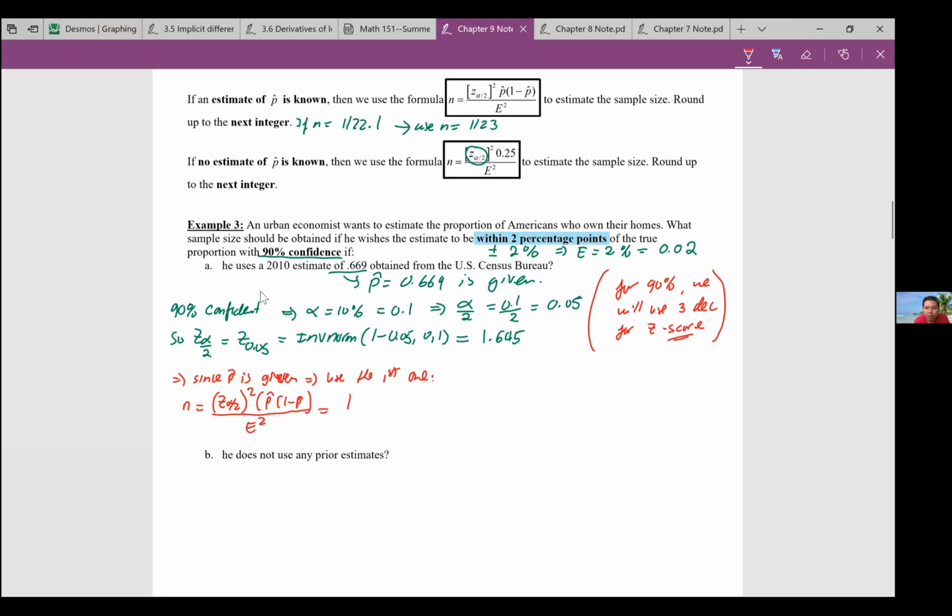So 1.645 squared times 0.669 times 1 minus 0.669, and divide that by 0.02 squared.